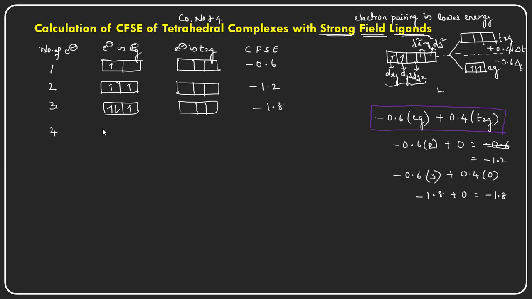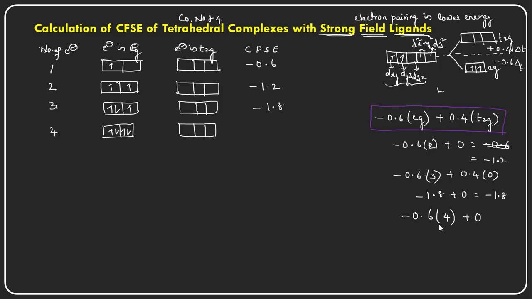And the fourth electron, where will it go? Obviously the Eg orbital only, so that full pairing of the Eg orbital takes place now. The T2g orbitals are still empty. So how many electrons are there now? 4 electrons are present in the Eg orbital, and 0 electrons in the T2g orbital.